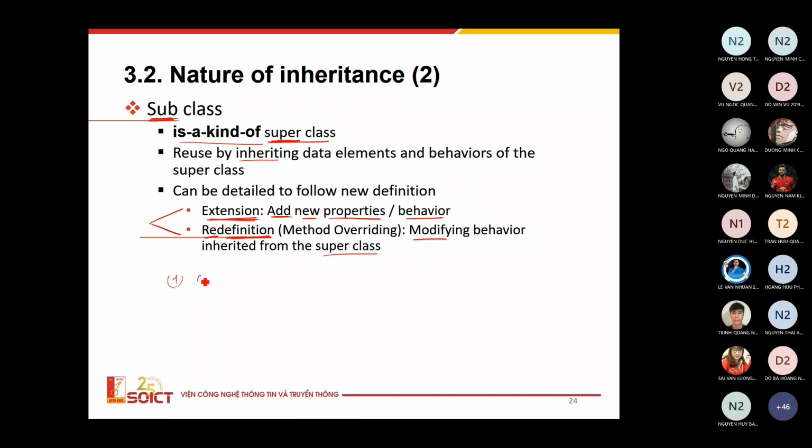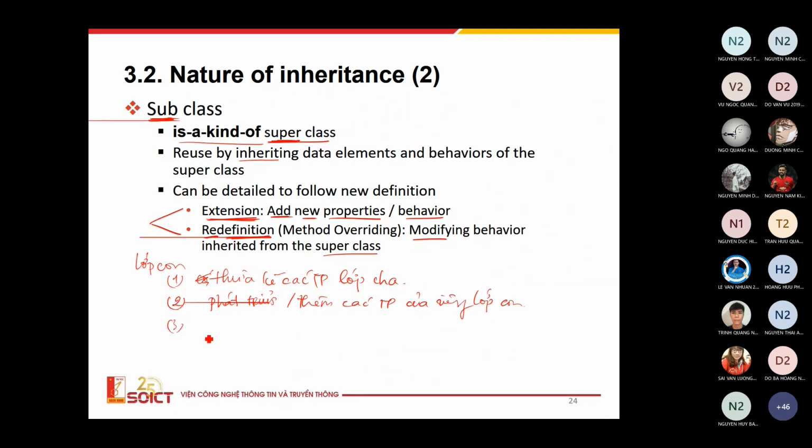Okay, một là gì? Trong cái lớp con thì là thừa kế các cái thành phần của lớp cha hay là lớp cũ, đúng không? Hay là phát triển, hoặc là thêm các cái thành phần của riêng lớp con.